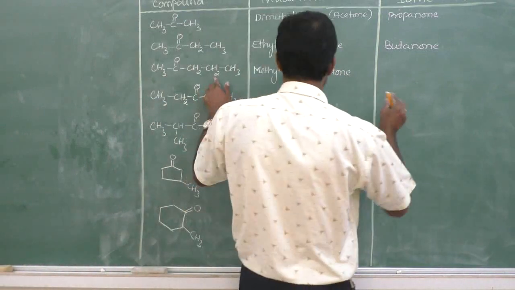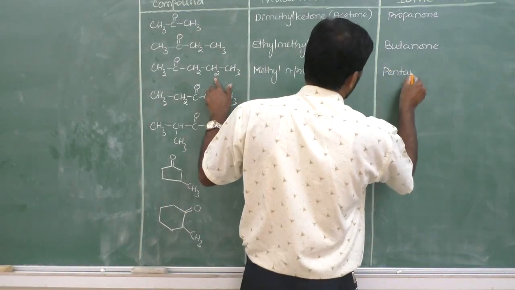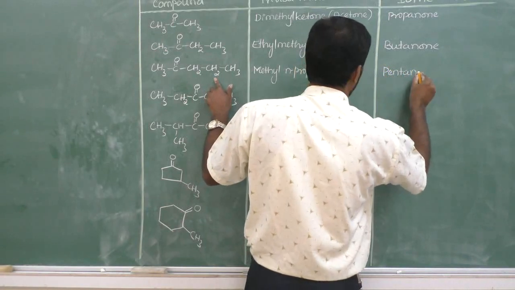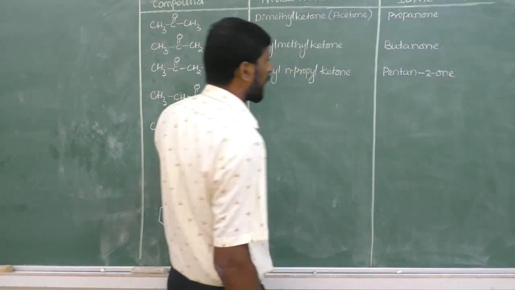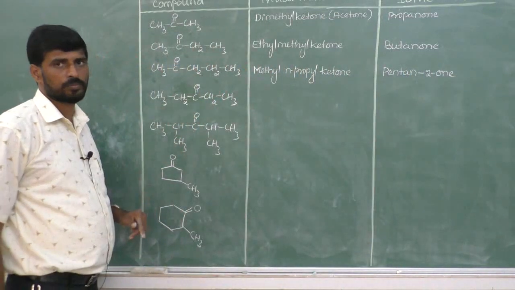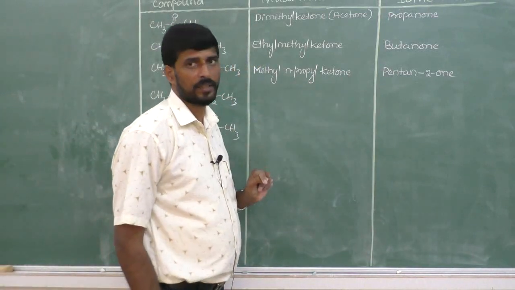The IUPAC name is pentan-2-one. Why am I using the number 2 here?